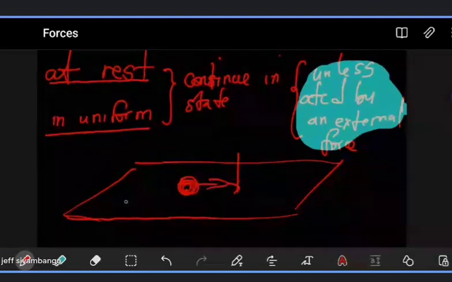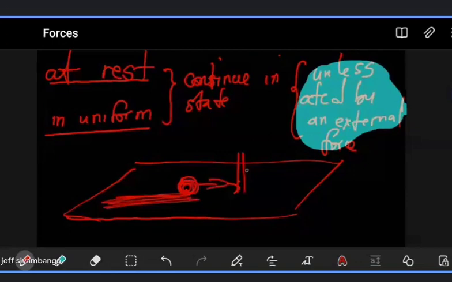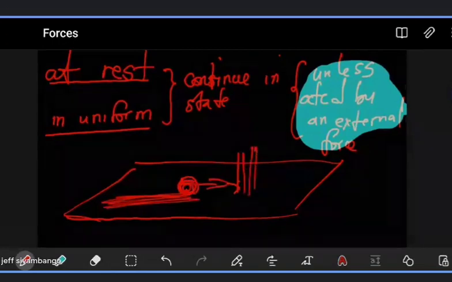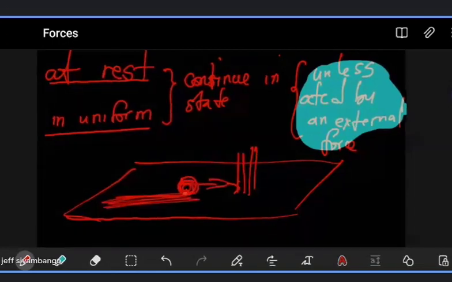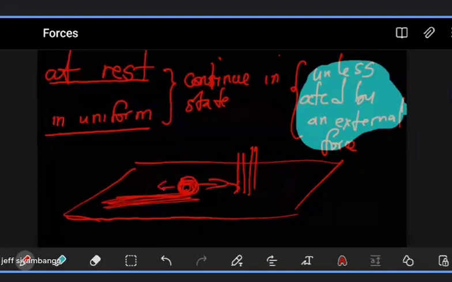Why? The surface is very smooth. The car just rolls over. The only way it would stop is if it bumps into something, or if the ground starts exerting a force, making the car stop.